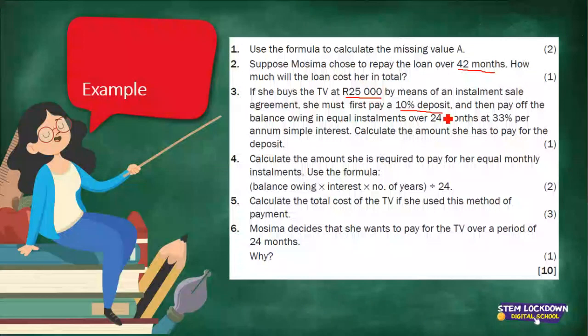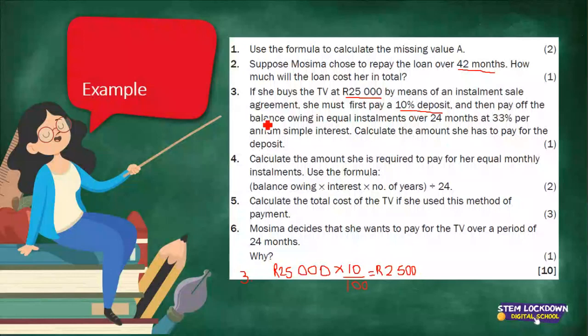And then your answer is 2,500. This is your answer, 2,500. Now, so you know that the value is 2,500, and then pay off the balance.